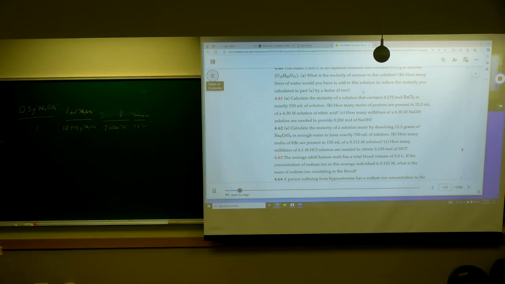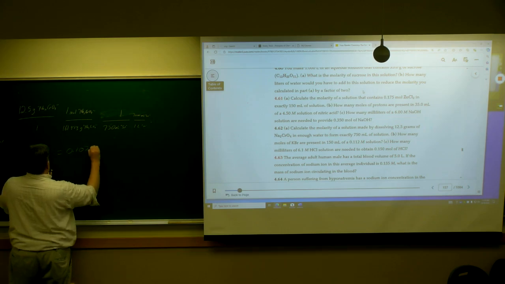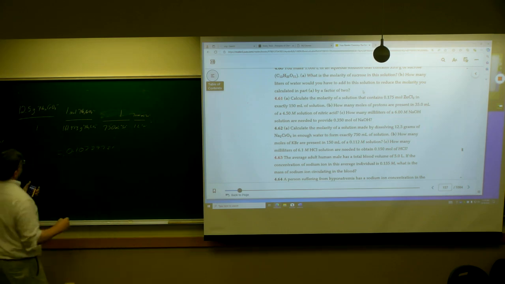Grams cancel, mole stays there, milliliters cancels to liters, and the calculator says that.